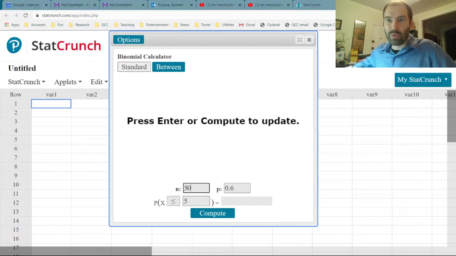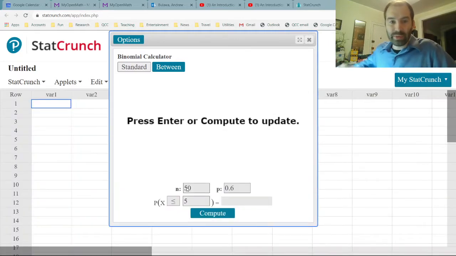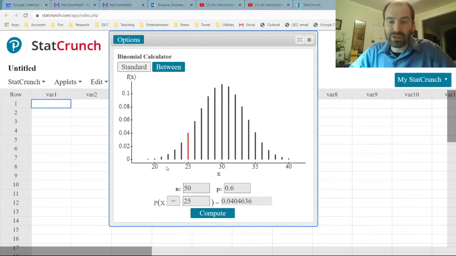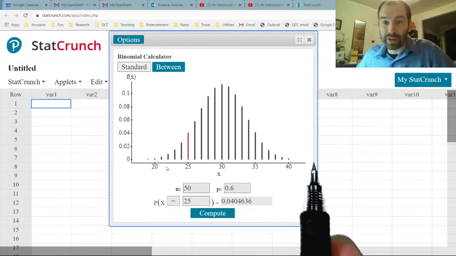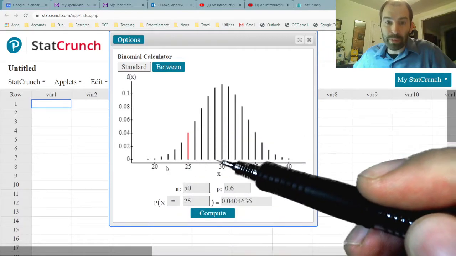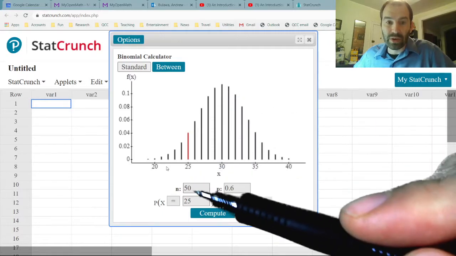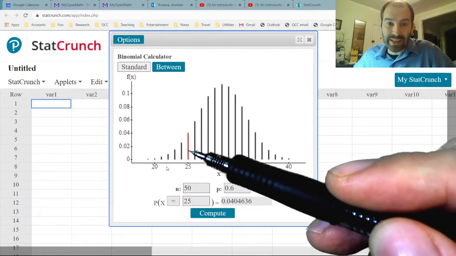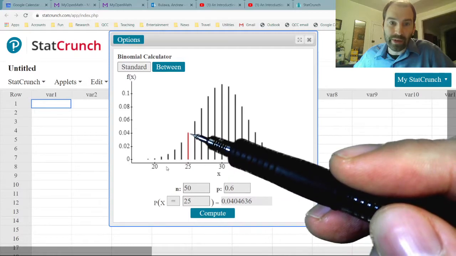What else were we being asked? Well, we were being asked to find the probability that X was equal to 25. All right, well, that's what I'm going to put over here. I'm going to make this an equal sign, and I'm going to make that 25. Now notice it gives a picture of the distribution. So what we're seeing here is every single possible number of successes and the corresponding probabilities. The height of each bar is the probability that you have that many successes. So the probability that you have 25 successes is the height of this bar right here, the one shown in red.